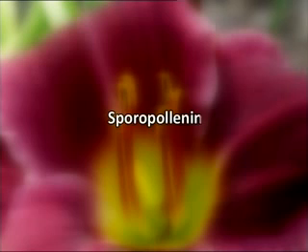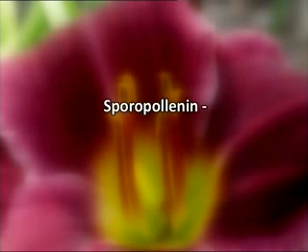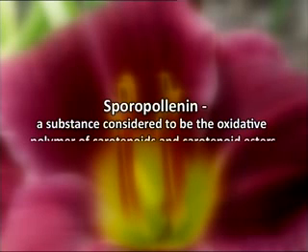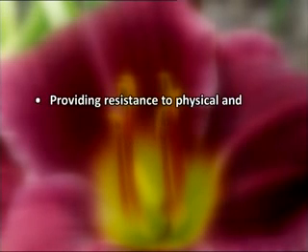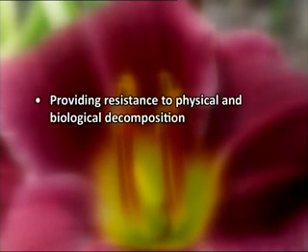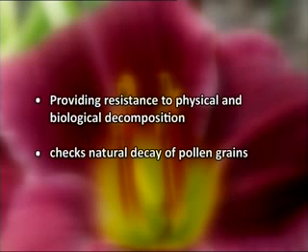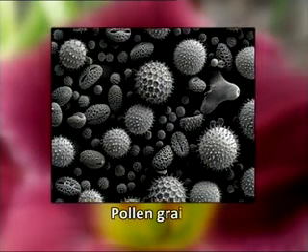The exine is chiefly composed of sporopollenin, a substance considered to be the oxidative polymer of carotenoids and carotenoid esters. It is a tough substance providing resistance to physical and biological decomposition and thus checks natural decay of pollen grains. Preservation of pollen grains during fossilization is due to the presence of sporopollenin.